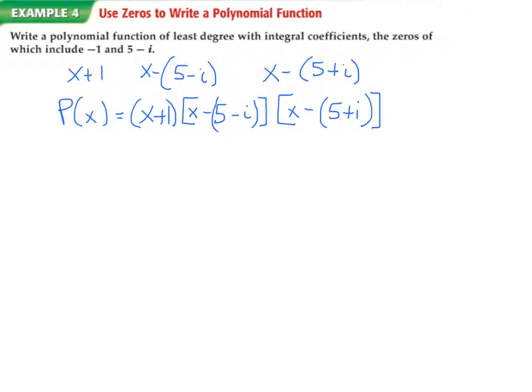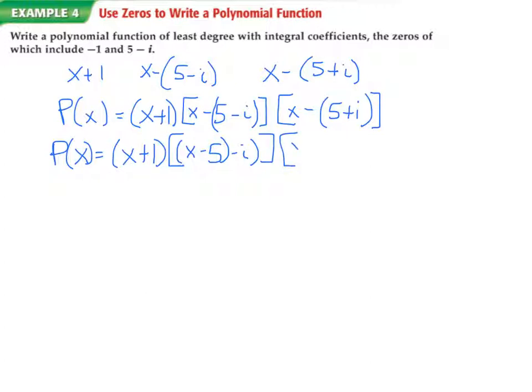So then we want to start factoring these things. We want to start regrouping. So if we go ahead and regroup, we're going to have p of x equals x plus 1 times x minus 5 minus i times x minus 5 plus i.